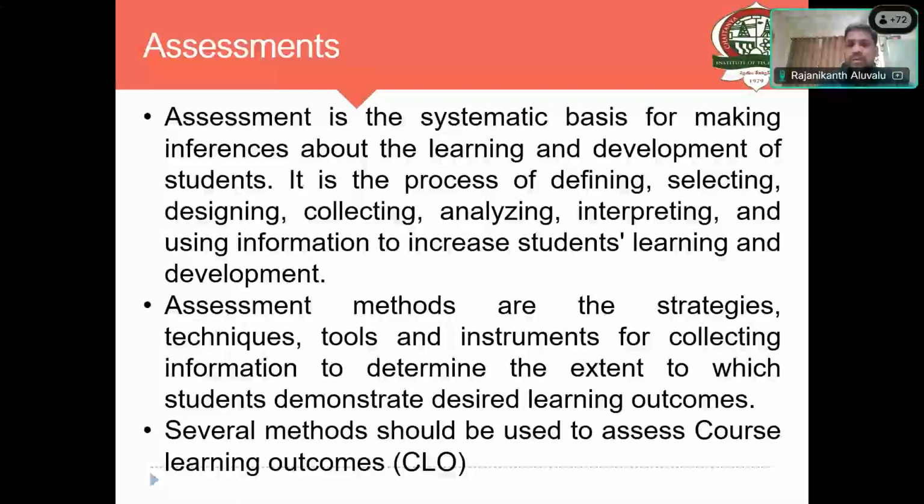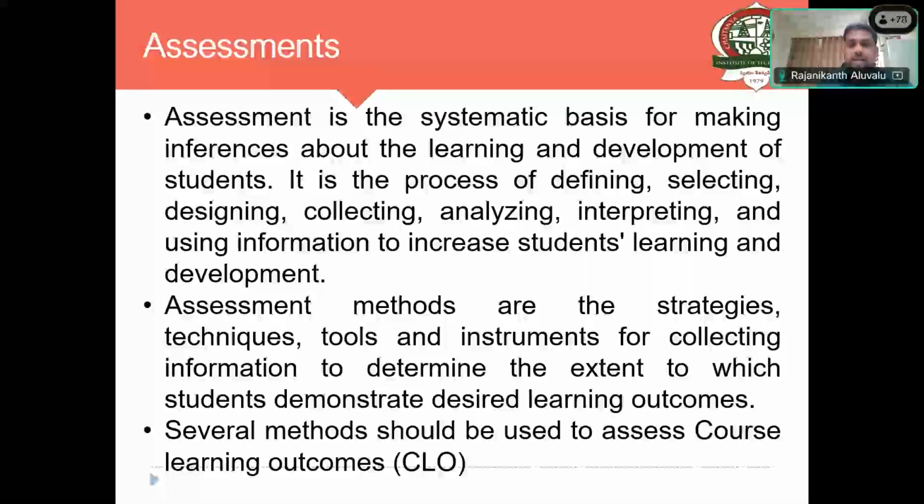Now, when we are saying that assessment includes various parameters, not just simply evaluation, how do we conduct assessments? For this, we have various assessment methods available, along with strategies and technologies, which help us as instruments for collecting the above said information or conducting the assessments.